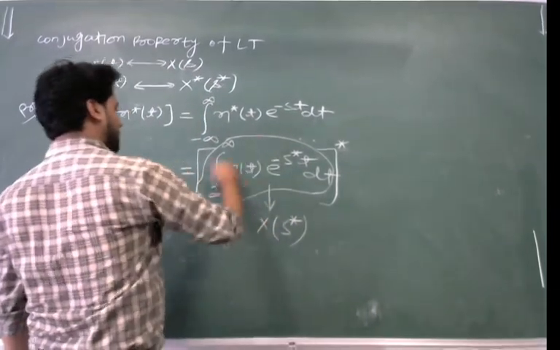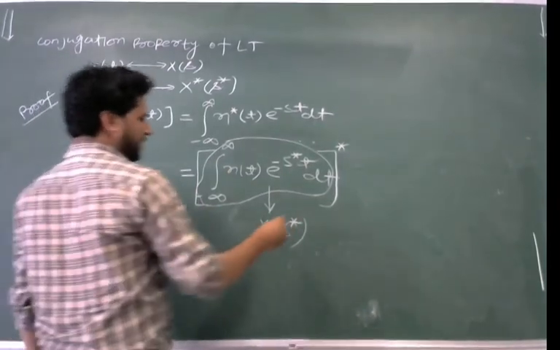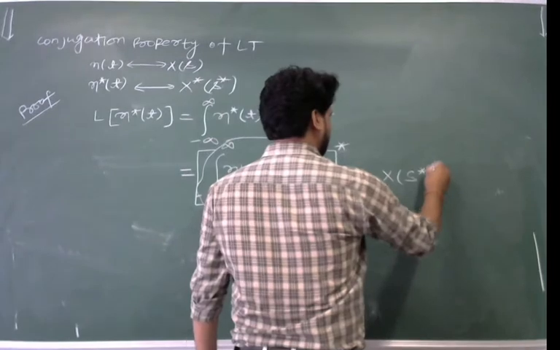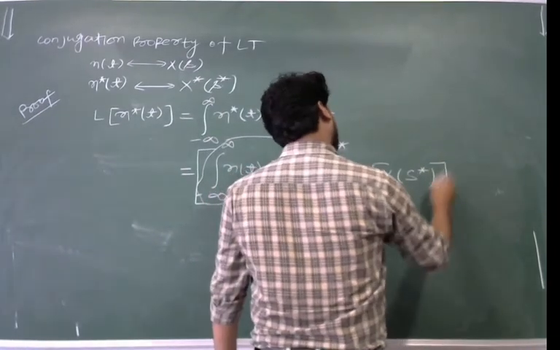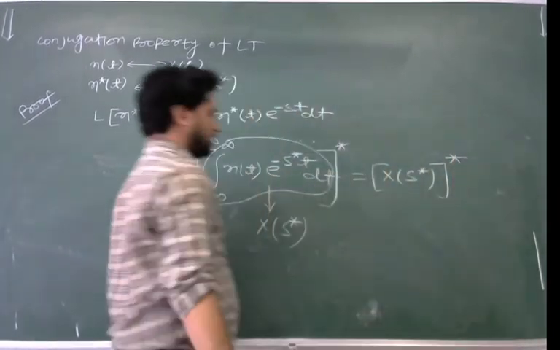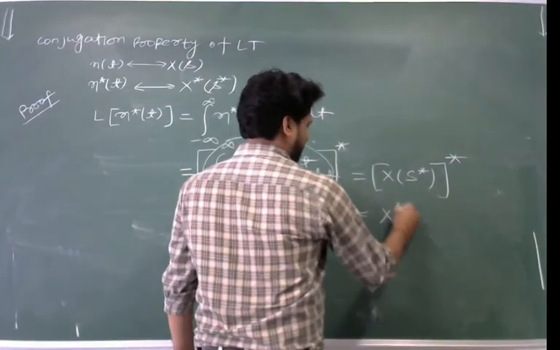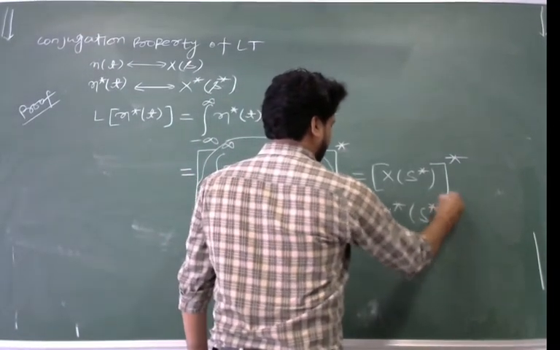So if I put here X of s conjugate, this will become X of s conjugate, its whole conjugate, and this can be written as X conjugate of s conjugate.